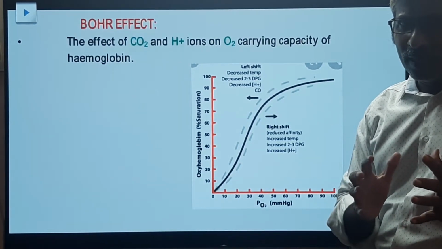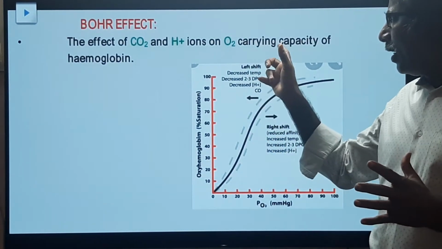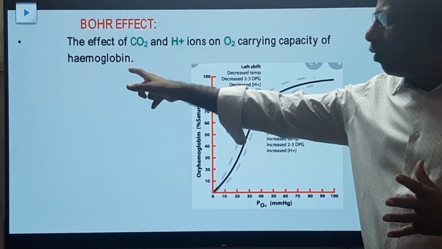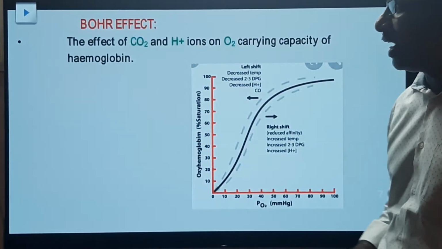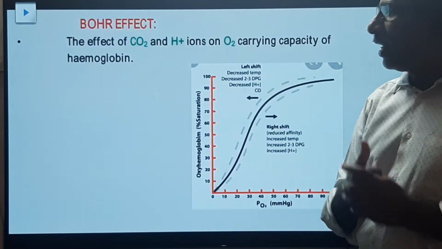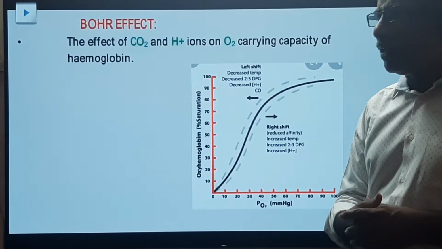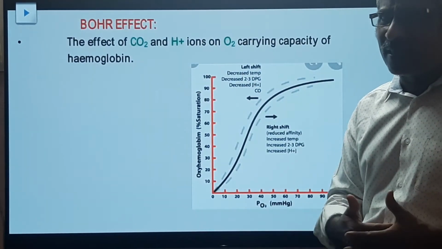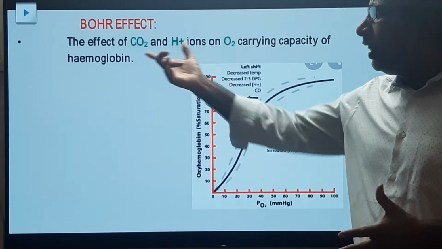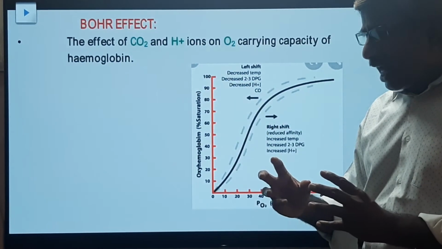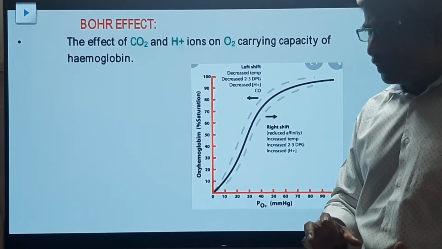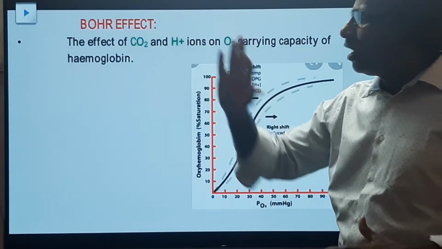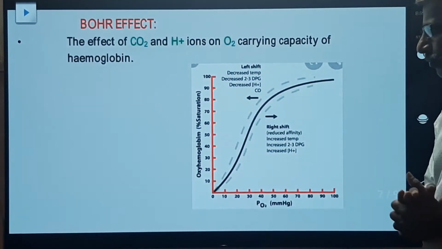The oxygen carrying capacity of hemoglobin is influenced by the partial pressure of carbon dioxide, H plus ions and the temperature. Already in the previous class we discussed how these factors influence the hemoglobin carrying capacity; let us discuss it in the Bohr effect.